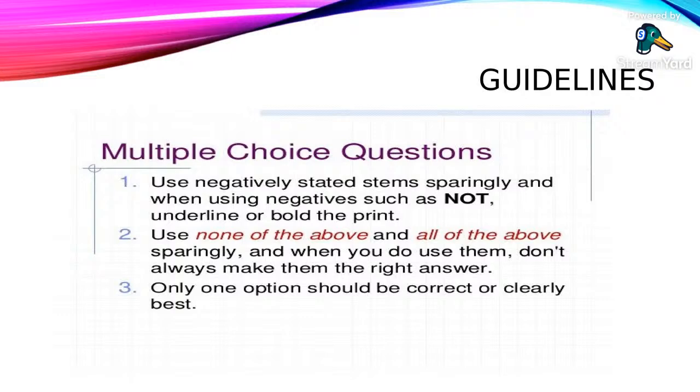For example, which of the following is not an example? So usually the word not is bolded, or sometimes they underline this word, just to make sure that the students do understand that the stem is stated using a negative word.